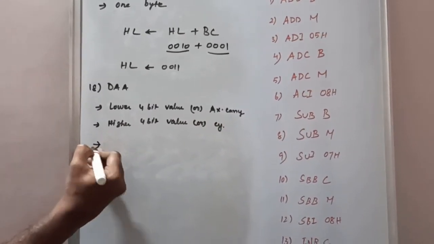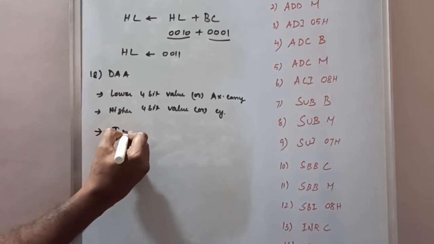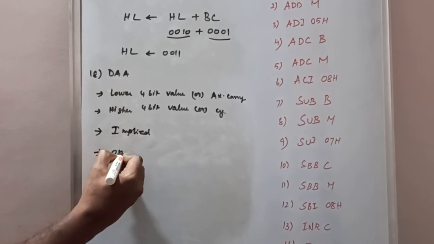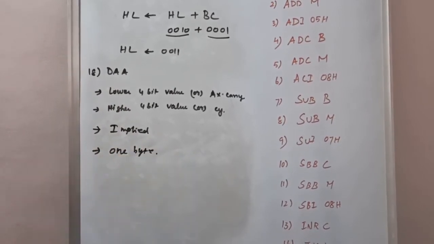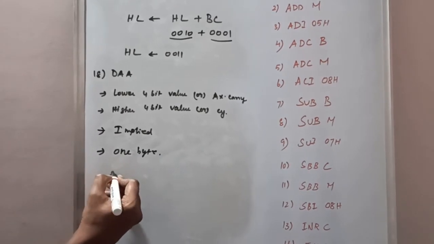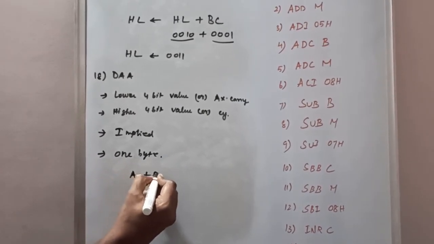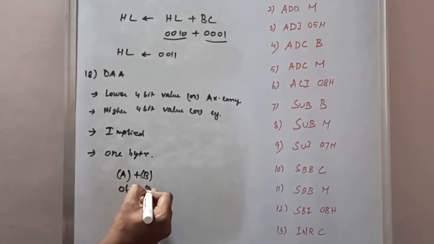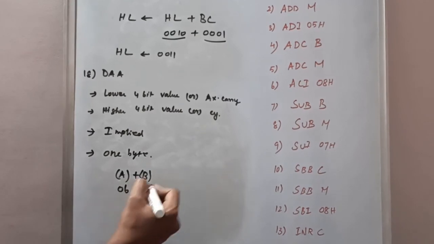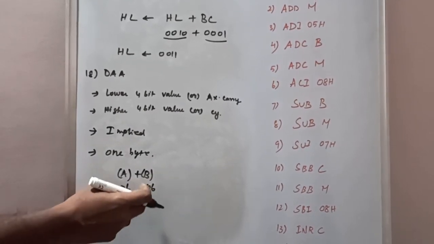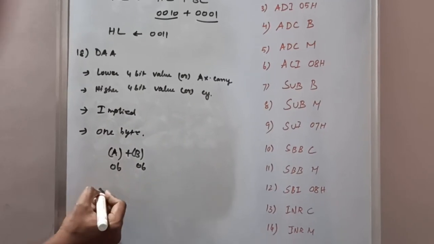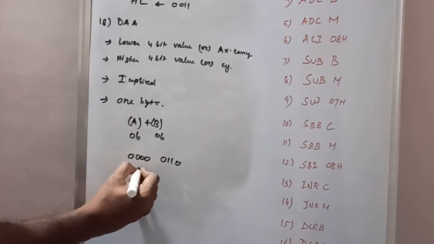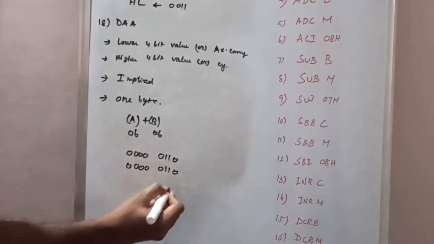The type of addressing mode: implied addressing mode, and byte of instruction: 1 byte instruction. Here, considering one example, A plus B, just adding the A register and the B register. Let us consider A register value 06 and B register value 06. First, we convert both registers, A and B, into binary numbers.